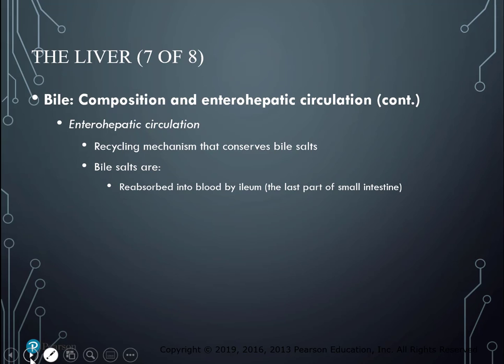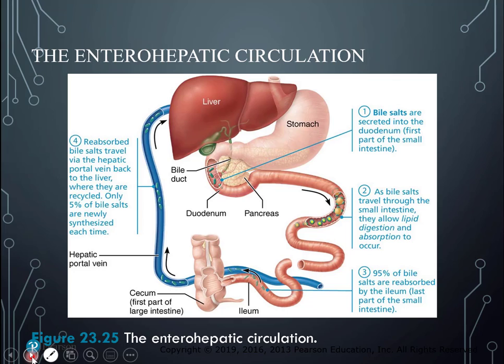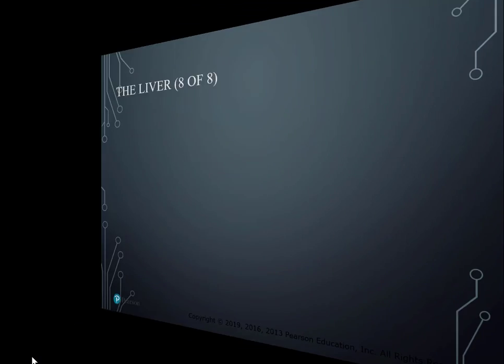The bile salts are reabsorbed into the blood by the ileum, the most distal portion of the small intestine, and then returned to the liver via the hepatic portal blood. Then they are resecreted by the liver and stored in the gallbladder. About 90% of the secreted bile salts are recycled, and only 5% is newly synthesized each time. So this is your enterohepatic circulation, and I'm going to leave that to you so that I will not be redundant.